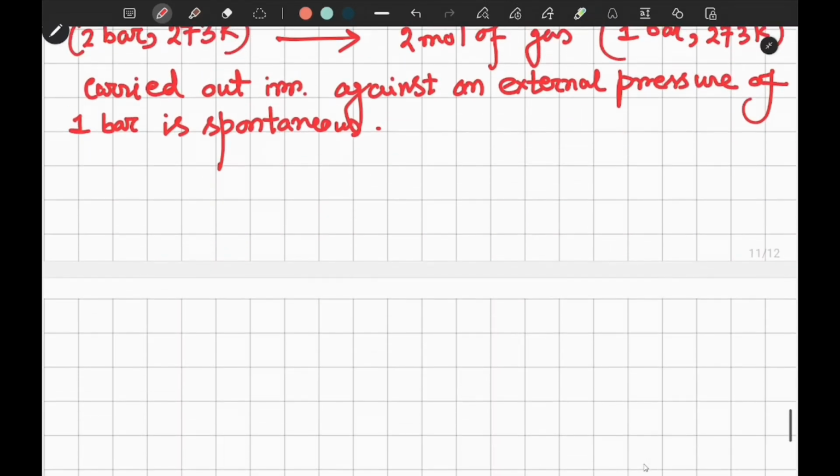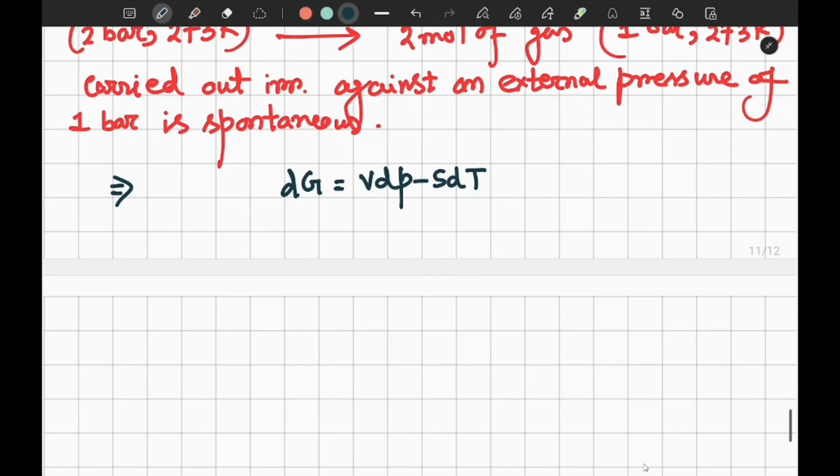process. So you know, for an irreversible process, if it is an equilibrium reversible process, then dG equals VdP minus SdT. And we have already derived the conditions for spontaneity, that this should be negative. The equality is for equilibrium, and the negative is for an irreversible process.